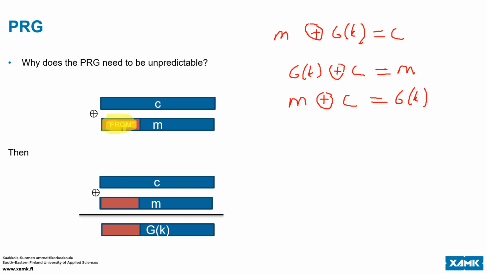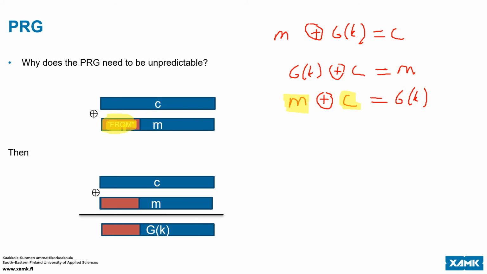So if we consider here, what do we usually see as the attacker, or as an outsider? Well, we should only be able to see the ciphertext C, but if we can guess the message, or if we can guess parts of the message, then we also know what M is.